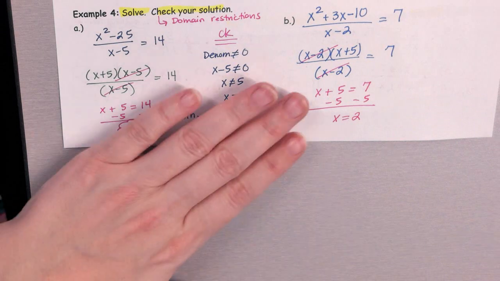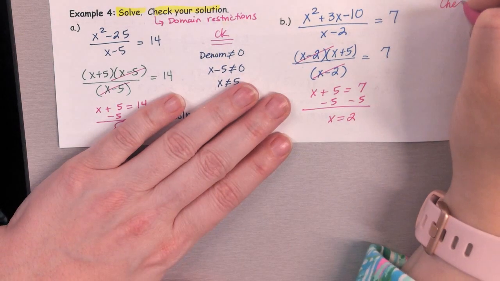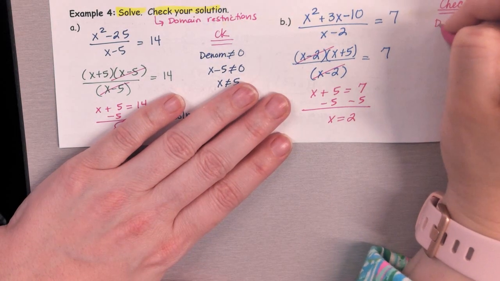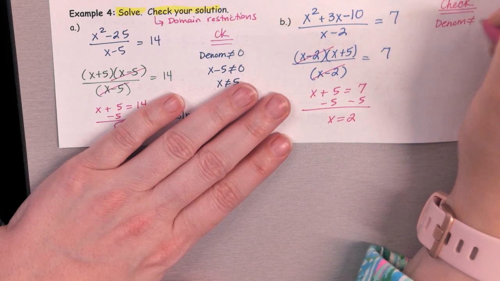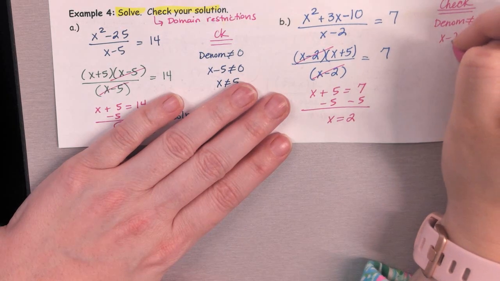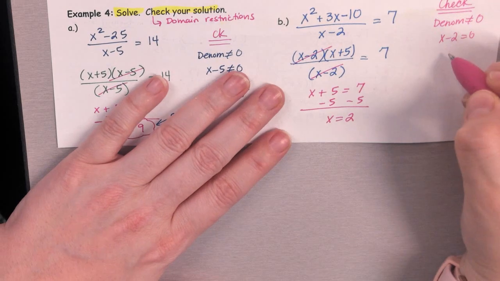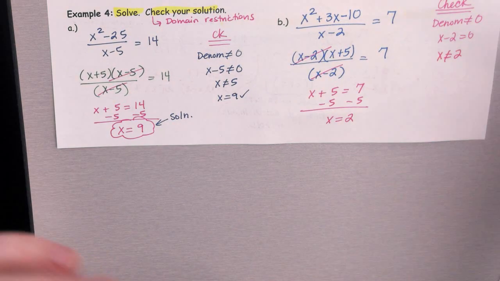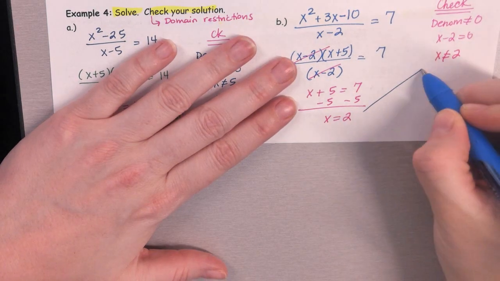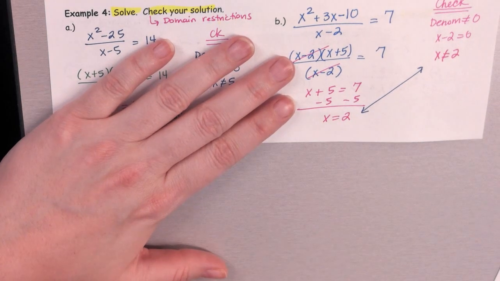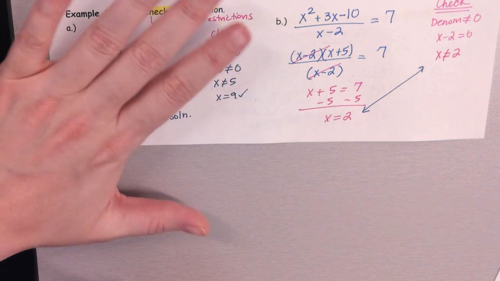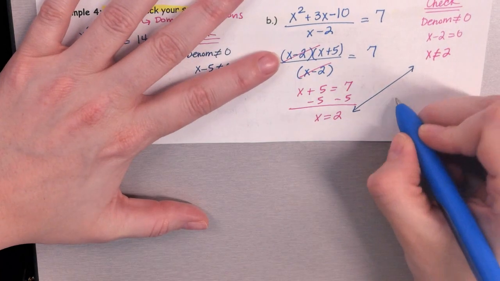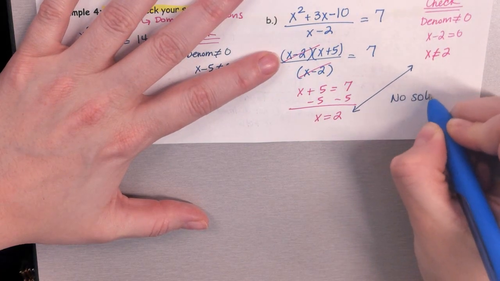Now, again, we're going to check it. So when you check, all you have to do is figure out what the denominator can't be. So if you have x minus 2 equals 0, what can x be? Uh-oh, what's the problem? Oh no. So what will our solution be? We'll say no solution.